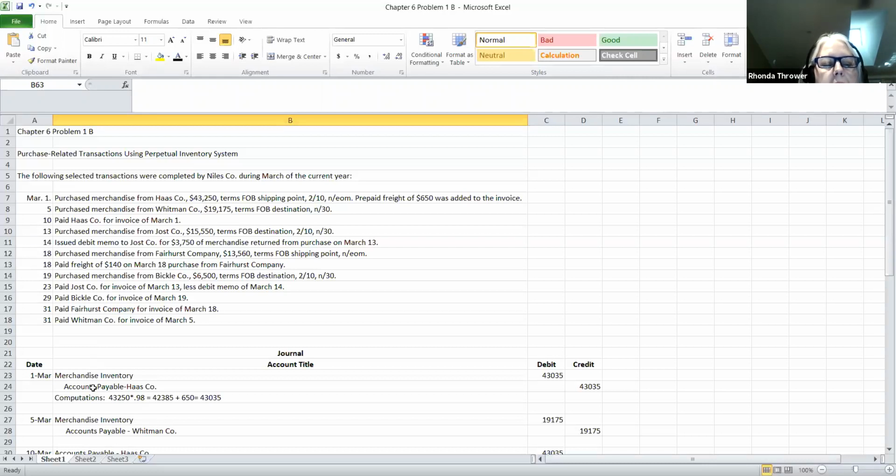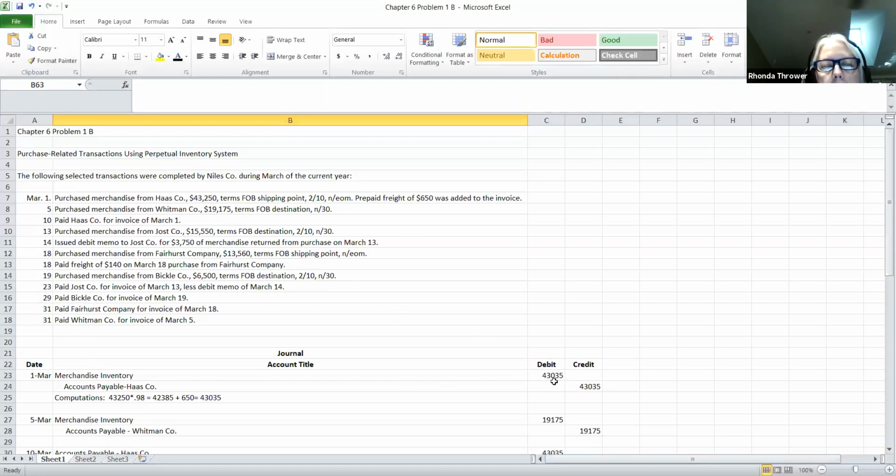So when we buy merchandise, our merchandise inventory account, which is an asset, is going up. We're going to increase the asset by the net amount of the purchase. Notice this is not $43,250.